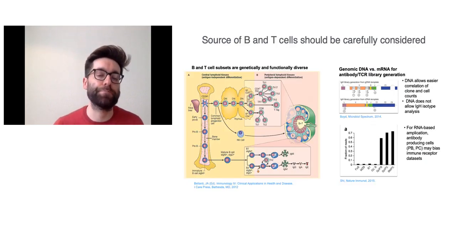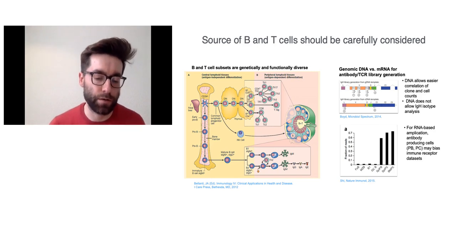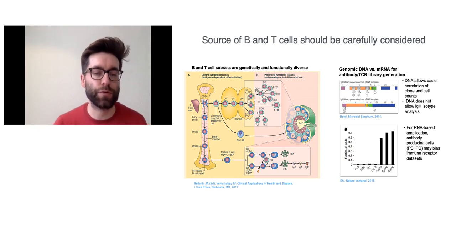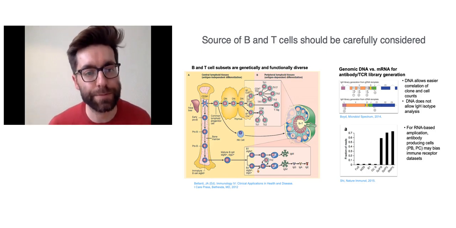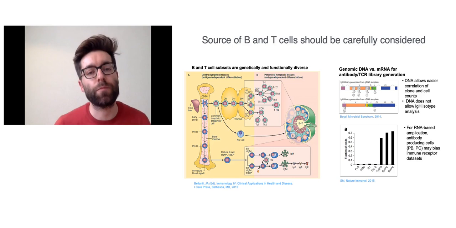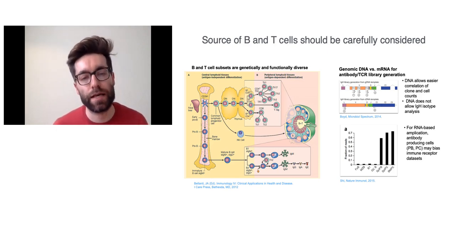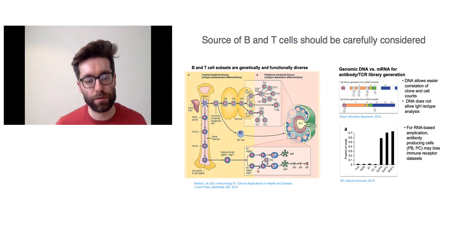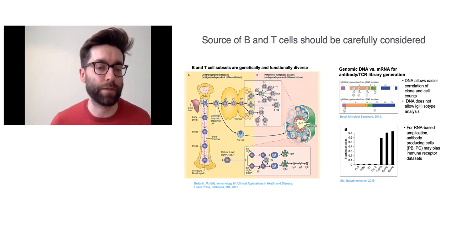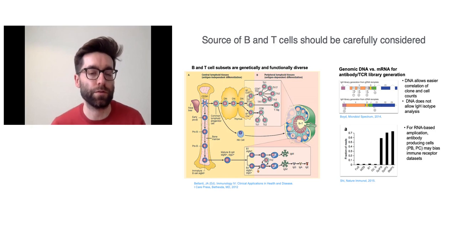So if we start our journey now, from the cell isolation point of view, this is just to show you that the adaptive immune cell diversity can be subdivided into many different ontogenetic stages, both on the T cell side and the B cell side, and your conclusions will depend on what cells you take out and what cells you try to look at.